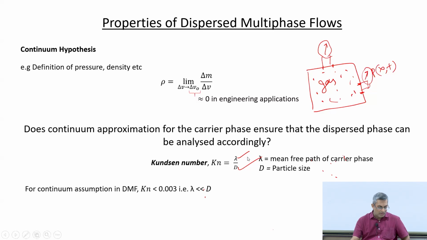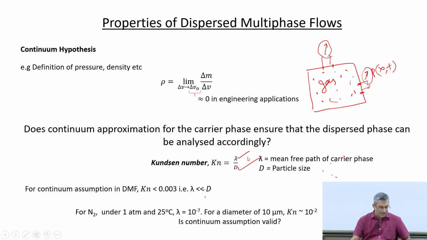So let's say that you have a flow of nitrogen. If we assume that nitrogen basically represents air, then the mean free path for nitrogen is 10 to the power of -7 meter.